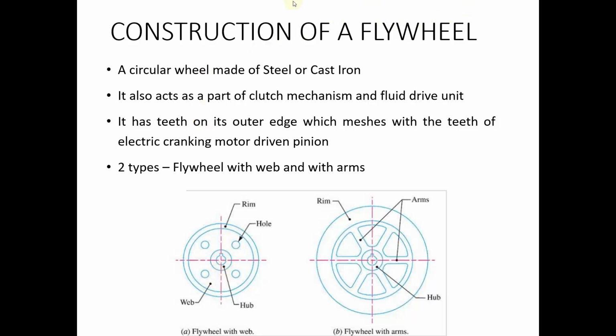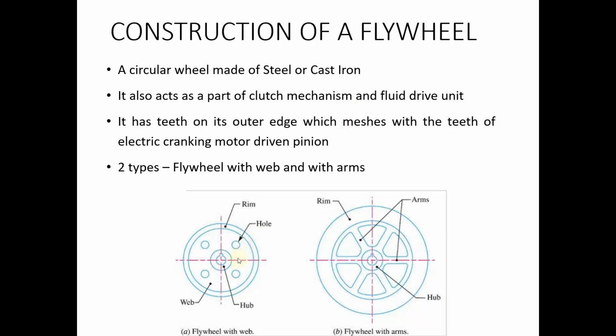And the flywheel is usually made of steel or cast iron. Nowadays it is made of alloyed steels. The flywheel also acts as a part of the clutch mechanism and fluid drive unit. One end of the flywheel is attached to the crankshaft by means of bolts and nuts.